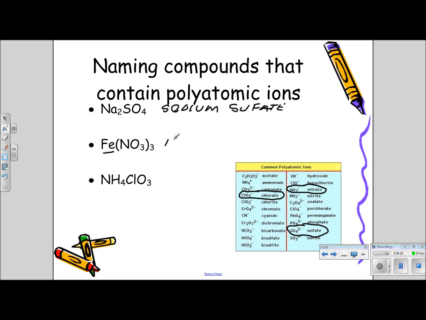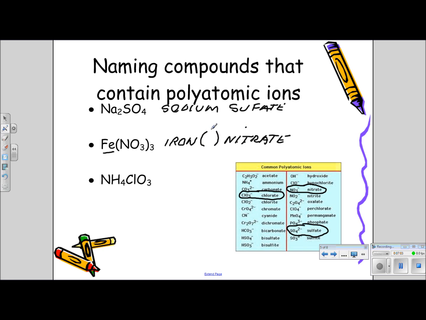So we have to write iron. I'm going to put the parentheses, because I know it's going to need parentheses. And then I'm going to determine what the name of this polyatomic ion is. I've circled it over here. Nitrate. And I'm going to write the word nitrate. Oops. I'm still working on learning to write with my bamboo tablet.